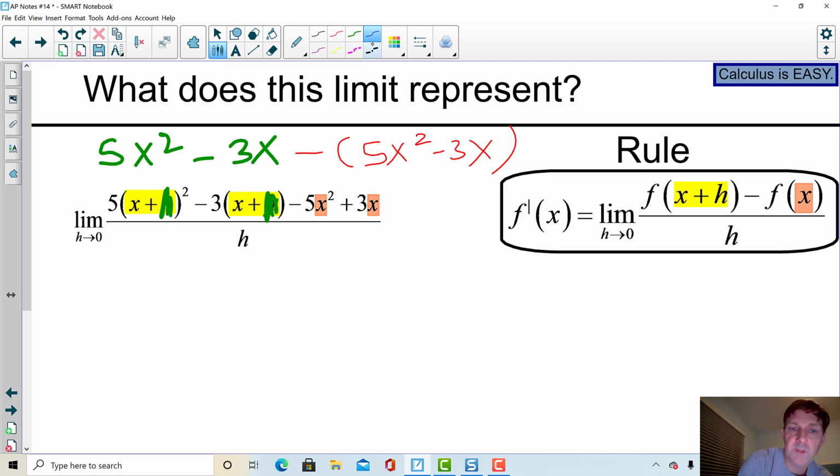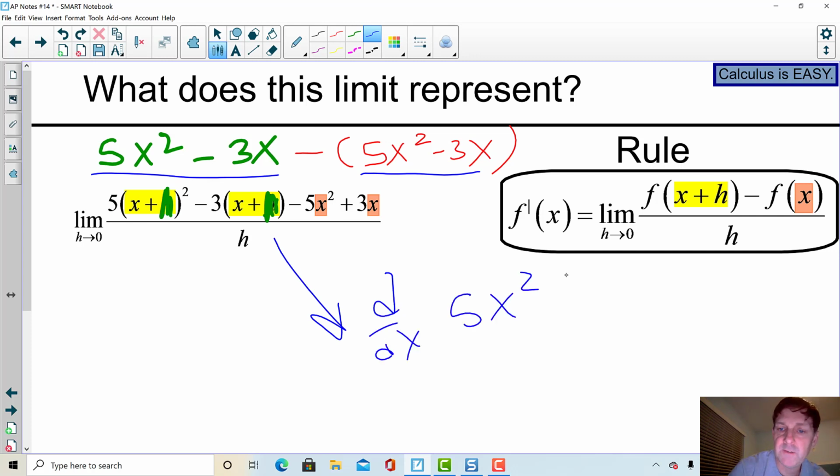So you're seeing the same thing twice, 5x squared minus 3x. That's the function that we're doing the derivative of. So this limit is the derivative of 5x squared minus 3x. That's a derivative that we can solve in about 3 seconds. But we'll learn how to do that in a later section.